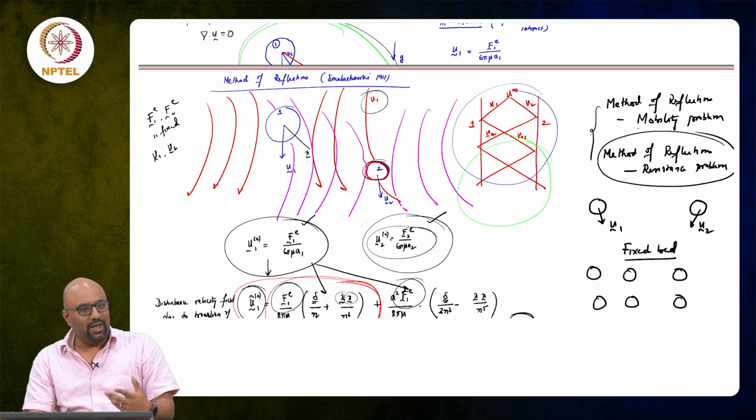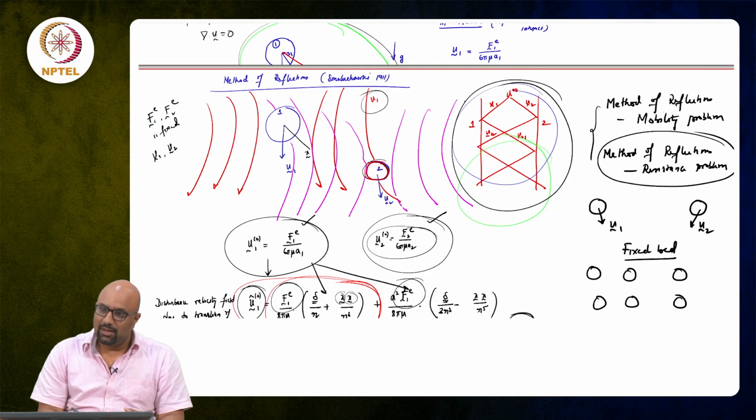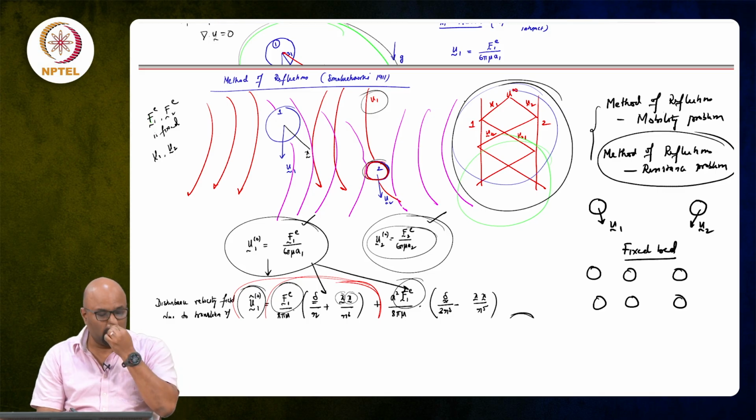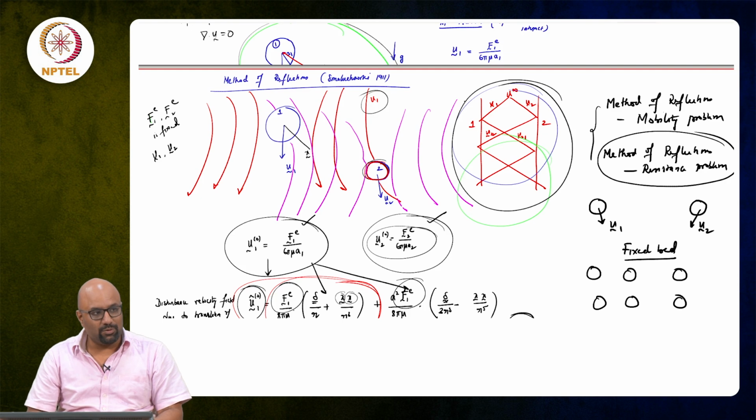And the way you can think about this is with a picture of this particular kind, where the object is under the action of a constant force or is translating with a constant velocity. At the leading order, it is going to create a velocity field which would be a Stokeslet plus a potential dipole.